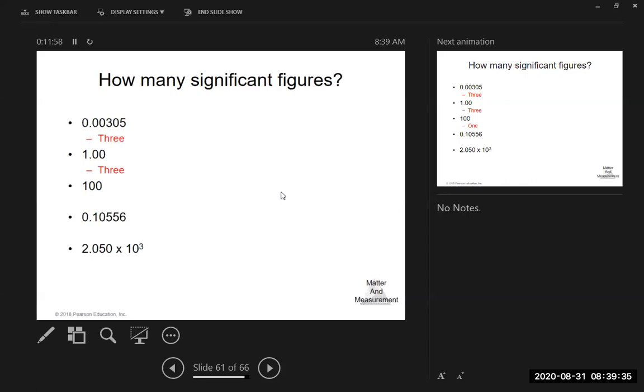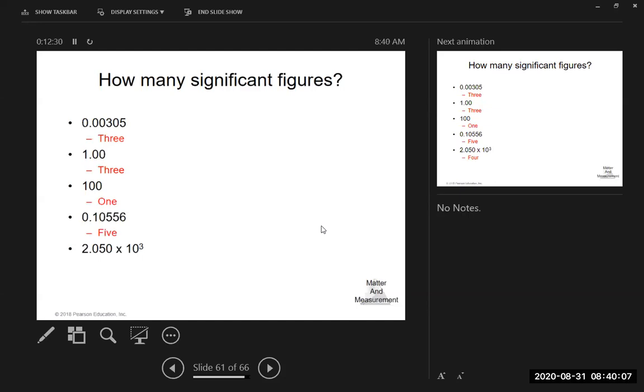100. Just the 1, because if I would have put a decimal after that last 0, what would it have been? Then it would have been 3, but because we didn't put a decimal there, it's just 1. Then 0.10556. 5, right, because that 0 is wedged in between a couple of non-zero digits.